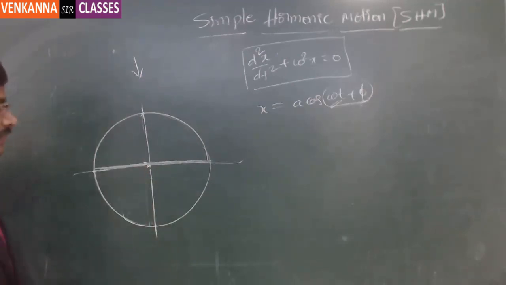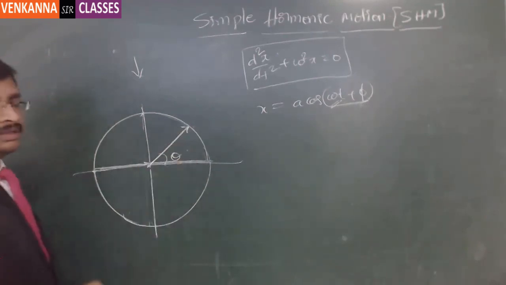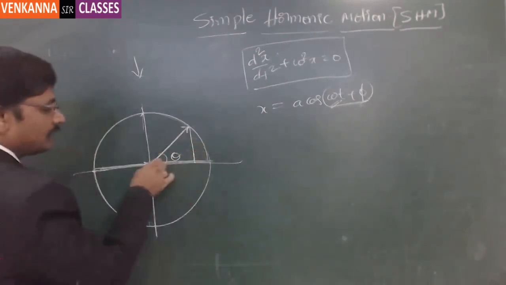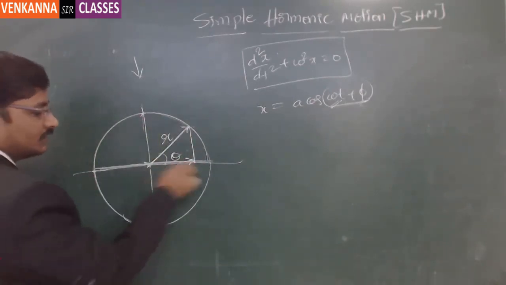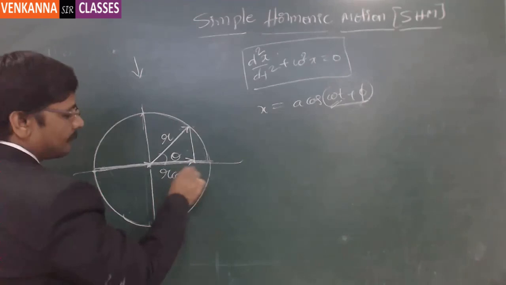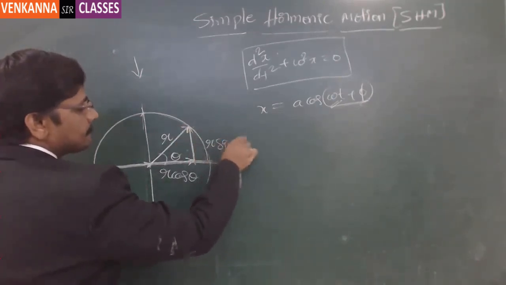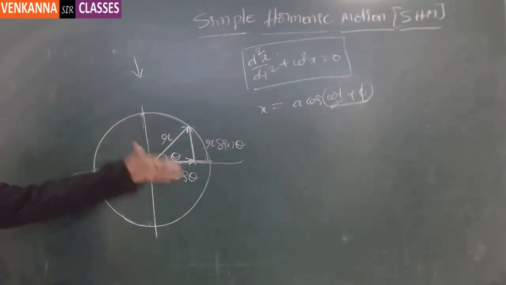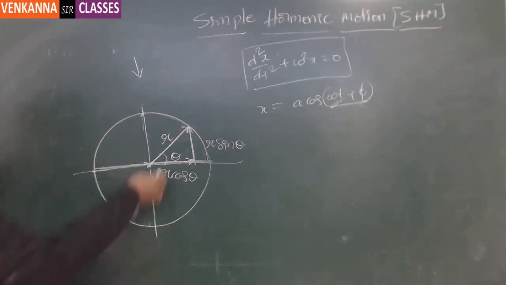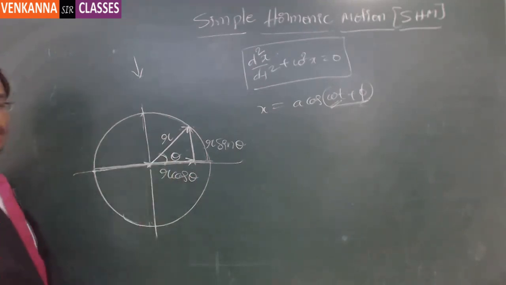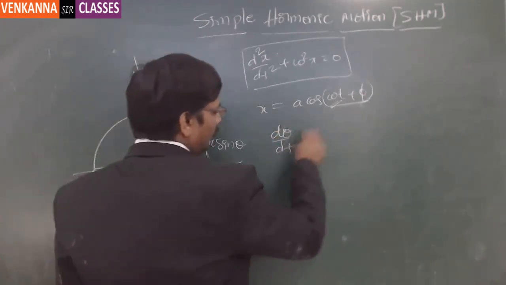Now at any instant, suppose you take this angle as theta, then the position from the initial location, let us say this is r, is r cos theta, and the vertical position is always r sin theta. Now this r cos theta is the horizontal position at any instant. Let us say this is moving with an angular velocity of omega, then d theta by dt equals omega.